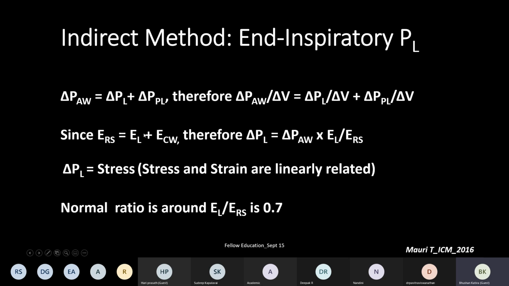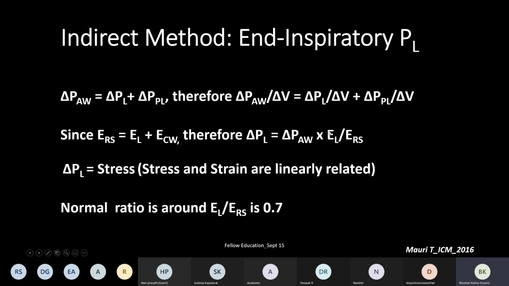The elastance of the respiratory system is therefore the addition of these two. And so if, for instance, you want to know the delta driving pressure of the lung, like the delta transpulmonary pressure, then it's the driving pressure of the airway multiplied by elastance of the lung divided by elastance of respiratory system. You will come from here to here.